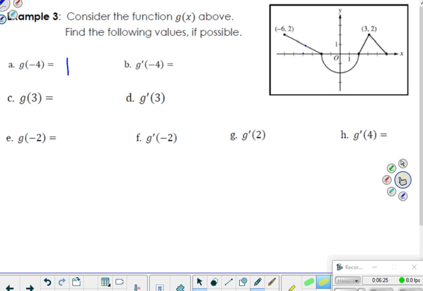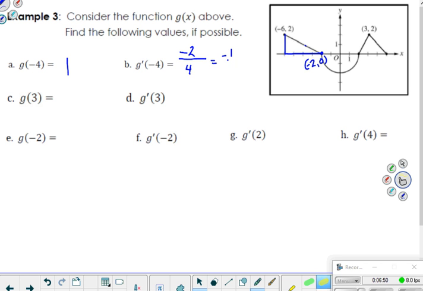g prime of -4. Now we're talking about the slope, aren't we? And I can tell that this is the point -2, 0. So it looks like this drops by 2 right by 4. 1, 2, 3, 4. Drops by 2. So it went down 2 right 4.